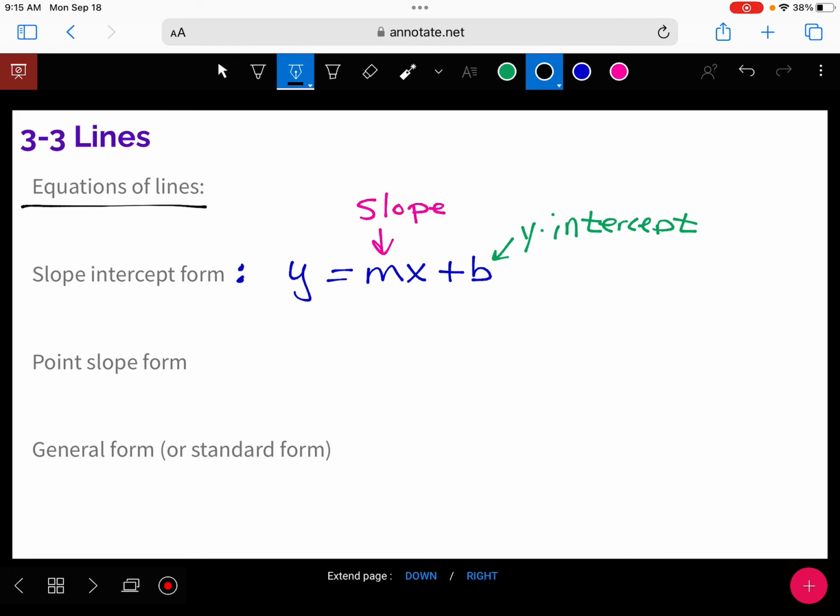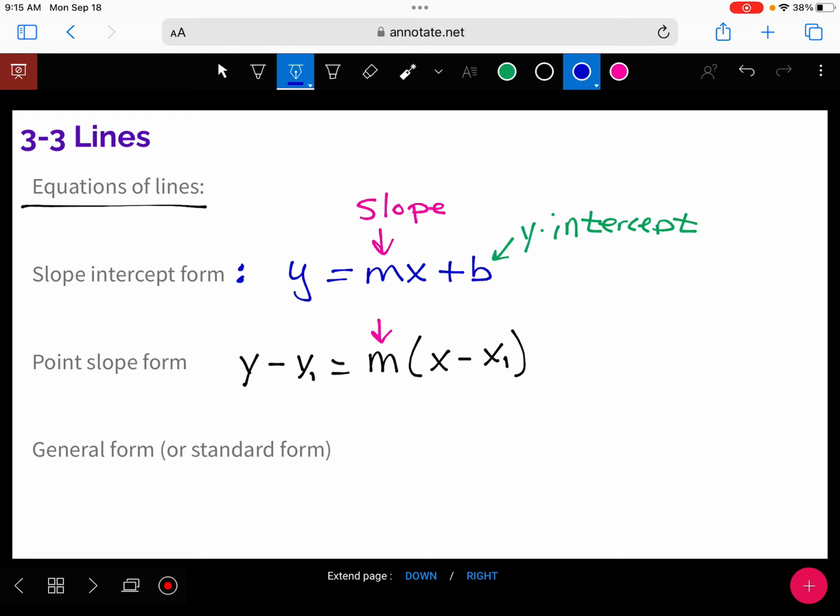What is point slope form? Do you guys remember that one? y minus y sub 1 equals m times (x minus x sub 1). The M is still the same M. That is our slope.